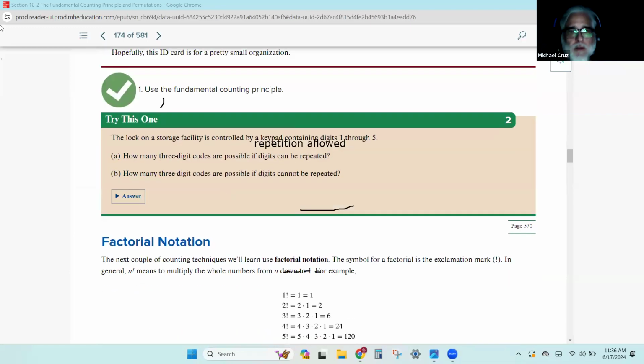So let's look at this right here. A lock on a storage facility is controlled by a keypad containing the digits 1 through 5.